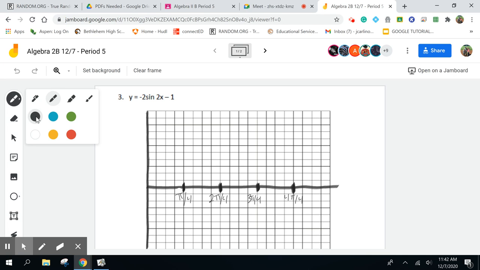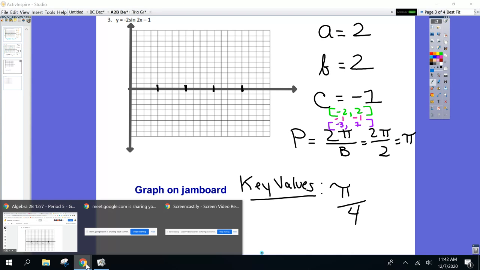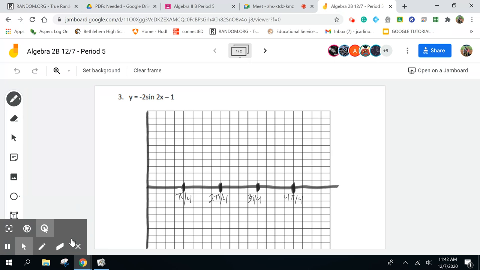So what did I need on there? 1, -3, and -1. Okay, I got it. So 1, -1, and -3 need to be on there. Got it.